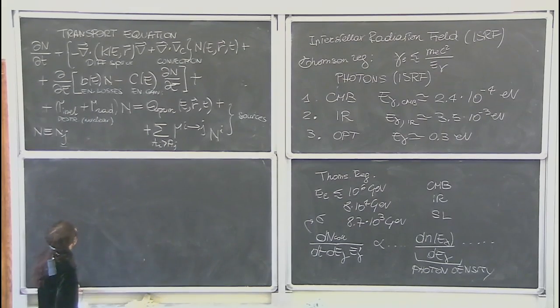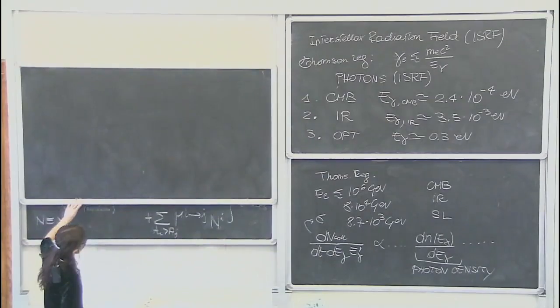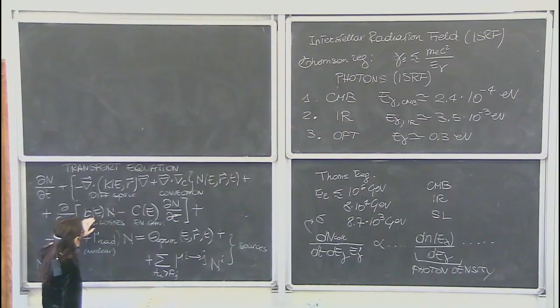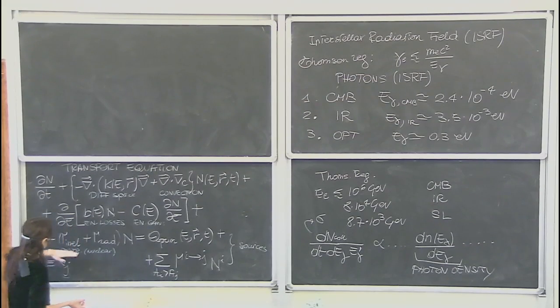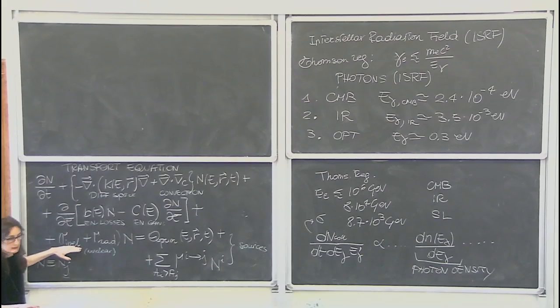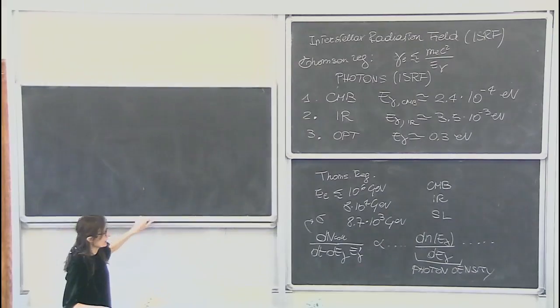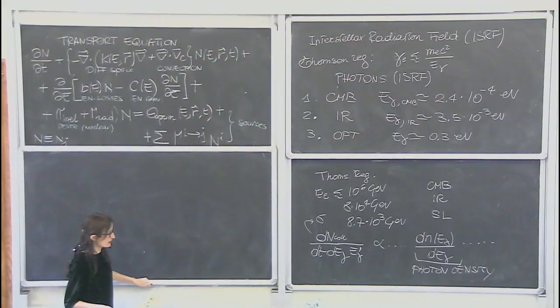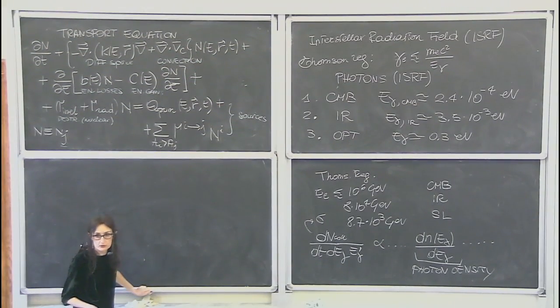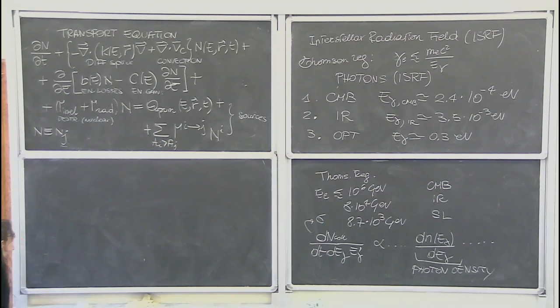So up to now, we have studied this term for nuclei and for leptons. Now we go to this piece here in the diffusion equation. That means that you have some nuclei. So you have a nucleus, I called it J, for example.